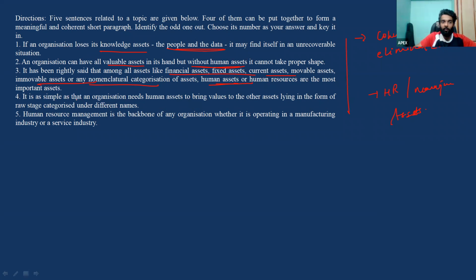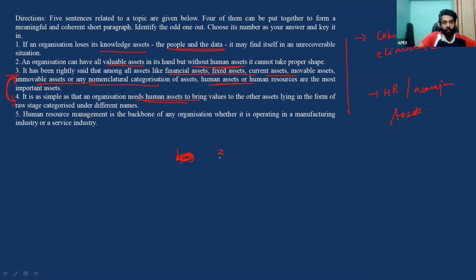All right. It's simple that an organization needs human assets to bring value to others. So I can already see that somehow these two are linked because this talks about other assets and this is bringing value to those different assets. Okay. So maybe I can say 4 and then 3.